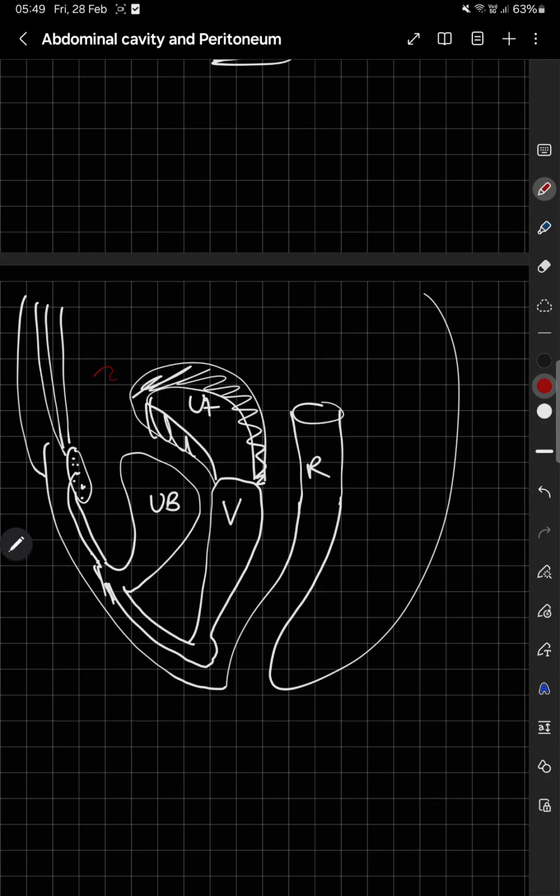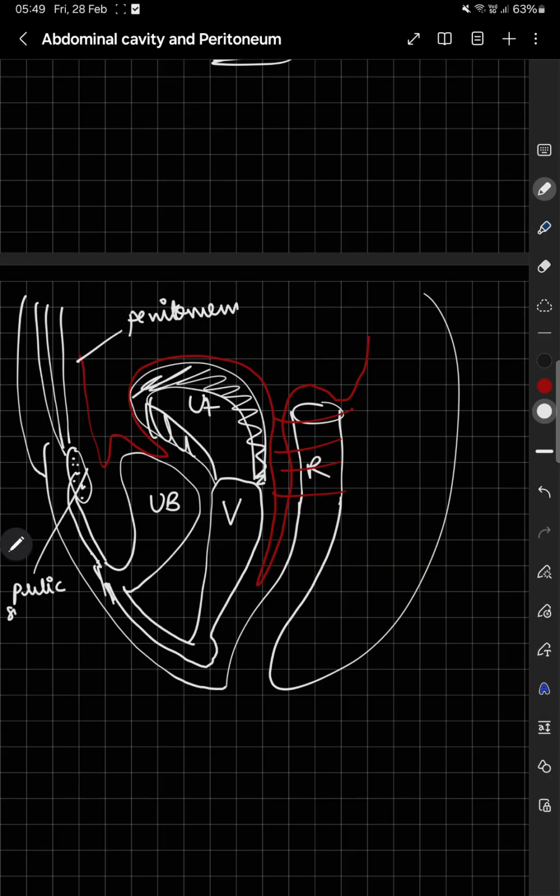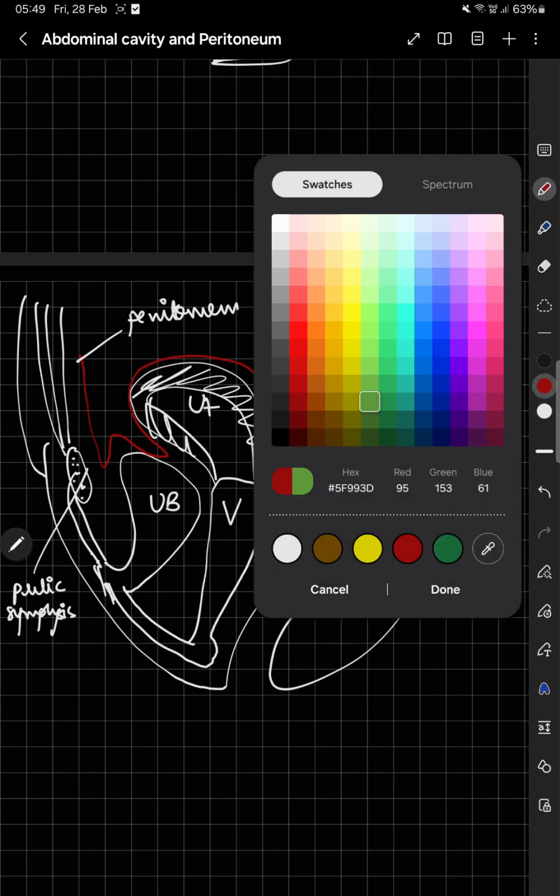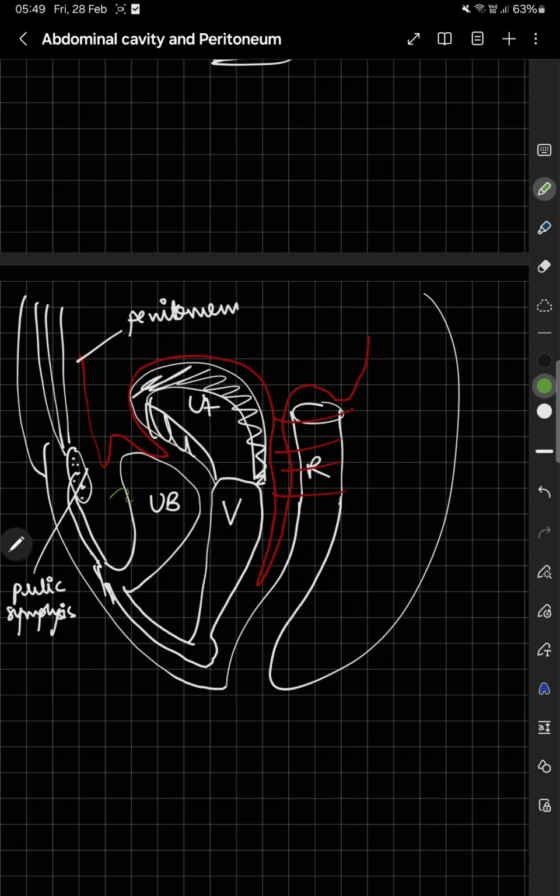And then we have the peritoneal covering. Okay. So first we have the peritoneum. This is the pubic symphysis. We have the urinary bladder. We have the two ligaments present over here, which would be present like this.